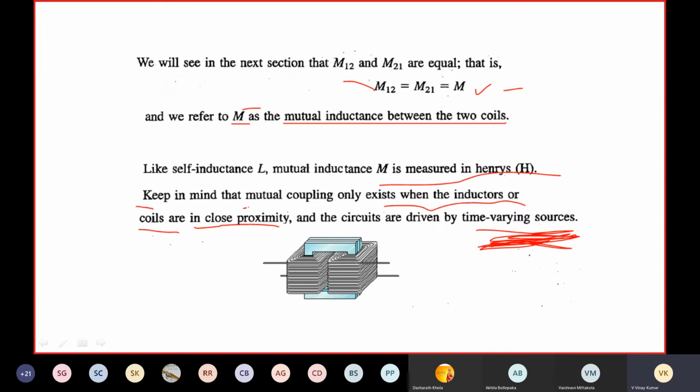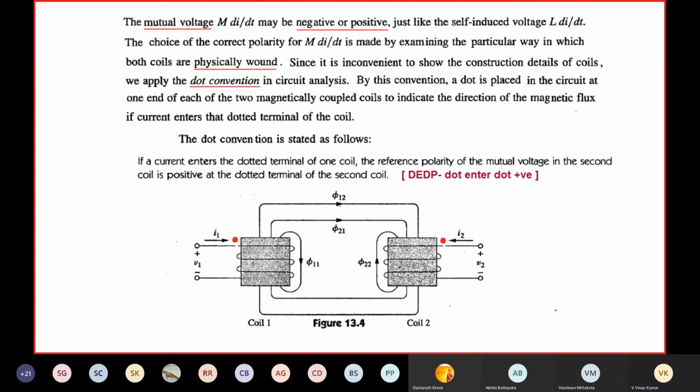Now the mutual voltage is M di by dt, right? This could be negative or positive depending upon the sense of winding, the physical winding.